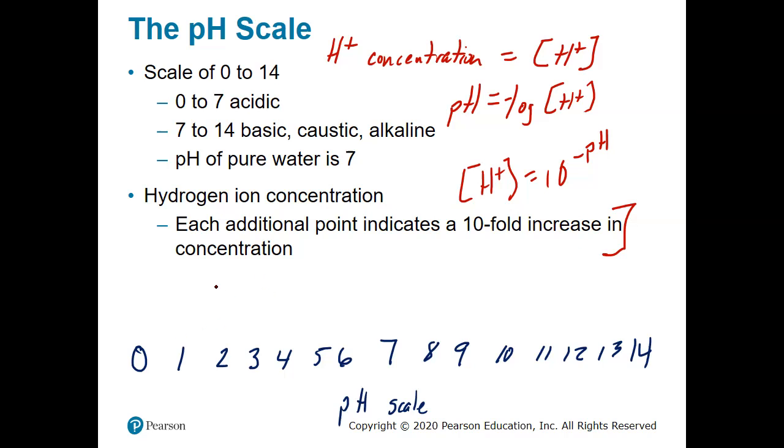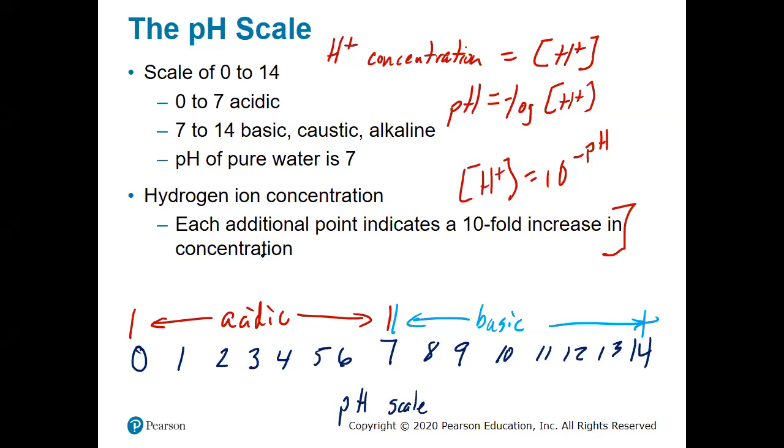But if we look at the two sides, on this side of the ledger, we've got acidic ranges. On this side, we have basic ranges of pH.